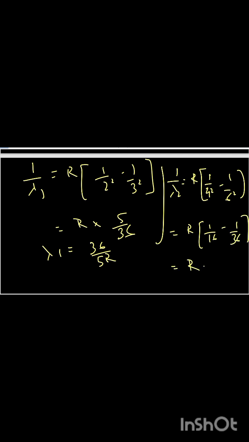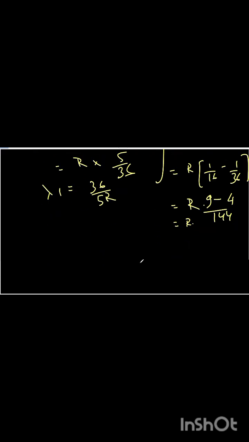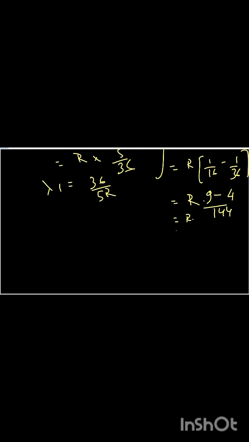The LCM of 16 and 36 is 144. So it is 9 minus 4 by 144. That comes out to be R times 5 by 144, or lambda 2 is 144 by 5R.